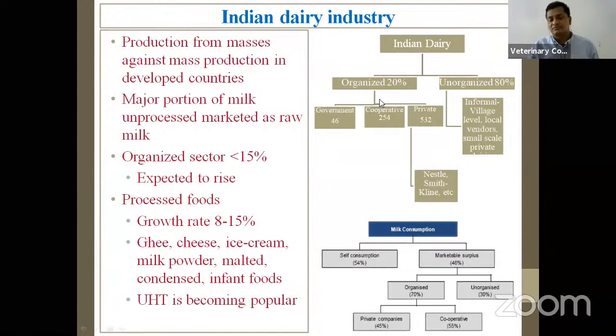So 20% of the sector is under the organized sector, which can be further divided into government firms, private firms or cooperative firms. One more interesting thing to note here is that many multinational companies which are into other food and beverage business or some other business are taking keen interest in dairy.